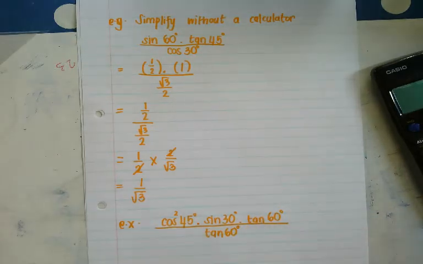So I want you to say cos squared 45 degrees times sine 30 degrees times tan 60 degrees divided by tan 60 degrees. That's the one you're trying there.